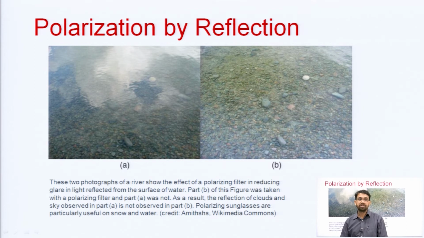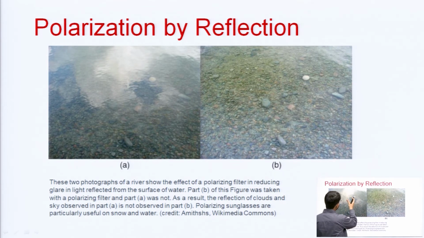Like in this example, you can see there is a water body, a river or lake, and the light that is reflected from the surface of the water is showing clouds over here. These are clouds.